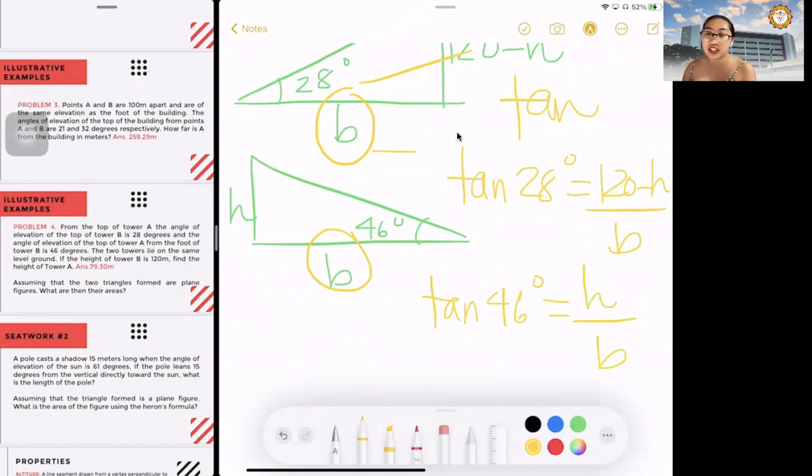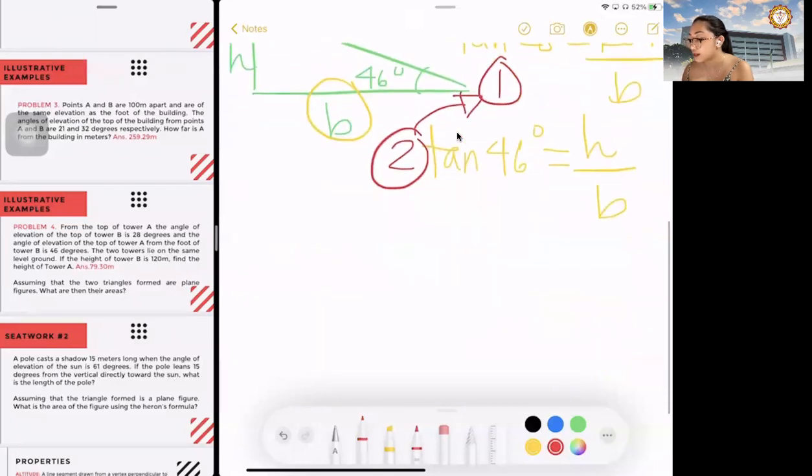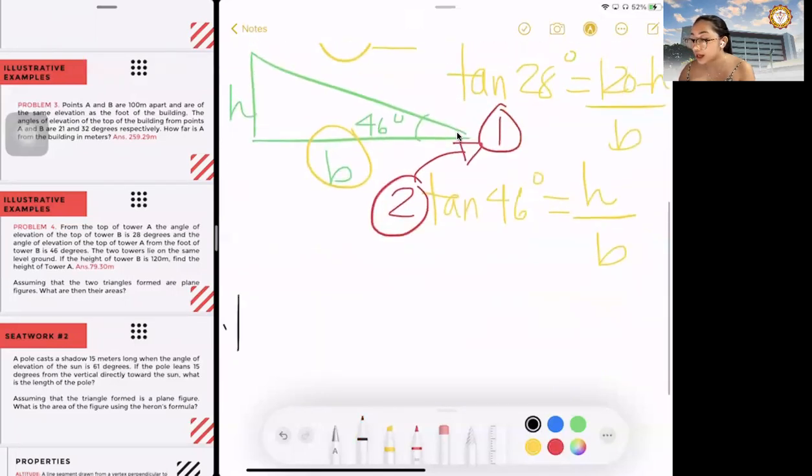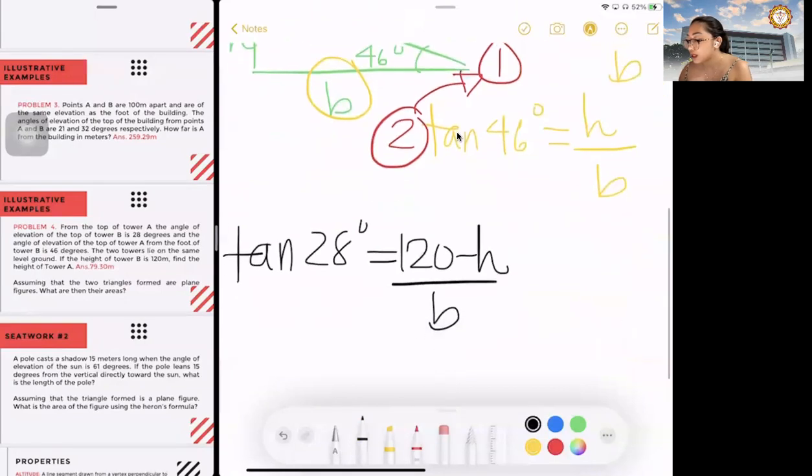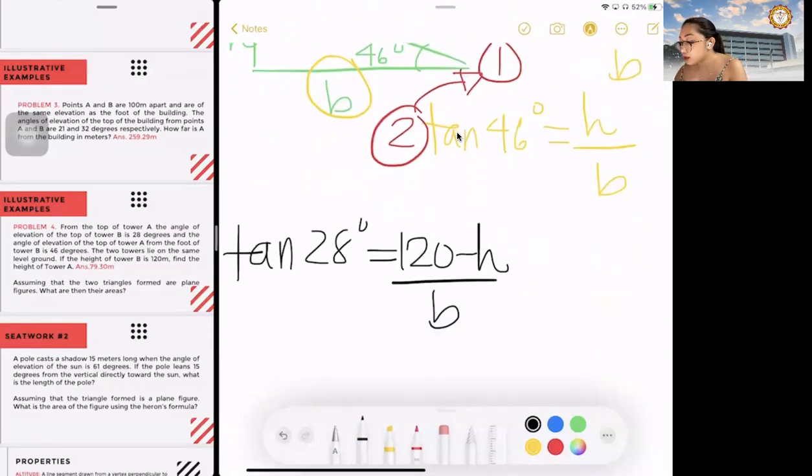So the B here actually is like X in the previous problem. So we can actually substitute one equation to the other. So this is the simpler equation, so we substitute that to equation 1. So making that simpler, that's tangent of 28 is equal to 120 minus H over B. And equation 2 becomes B is equal to h over tangent of 46.